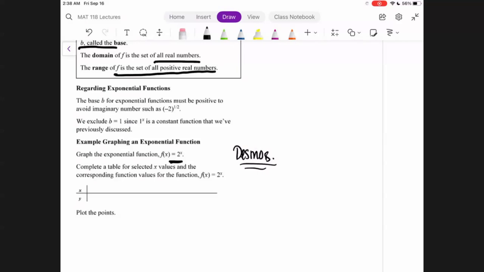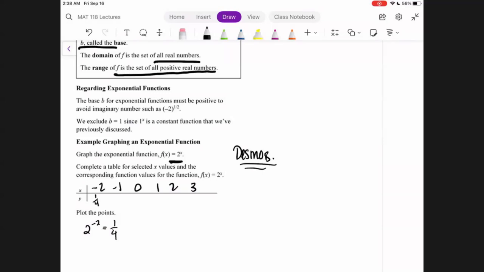But if you really wanted to make this table, one thing you could do is you could just do -2, -1, 0, 1, 2, maybe 3. And then just plug it in, 2 to the -2. So check with the calculator. And so you would do like 2 to the -2, which is 1/4.